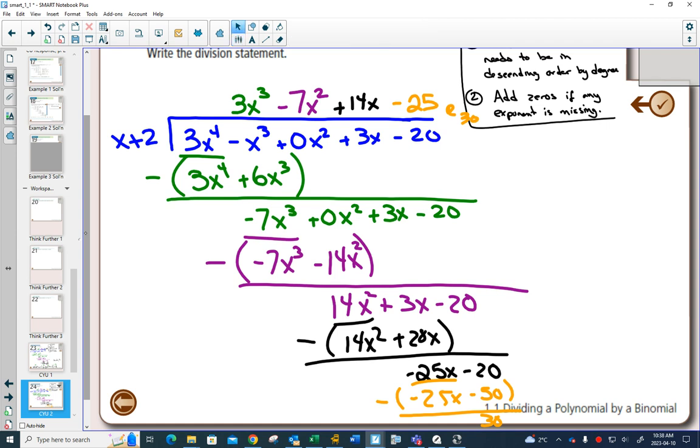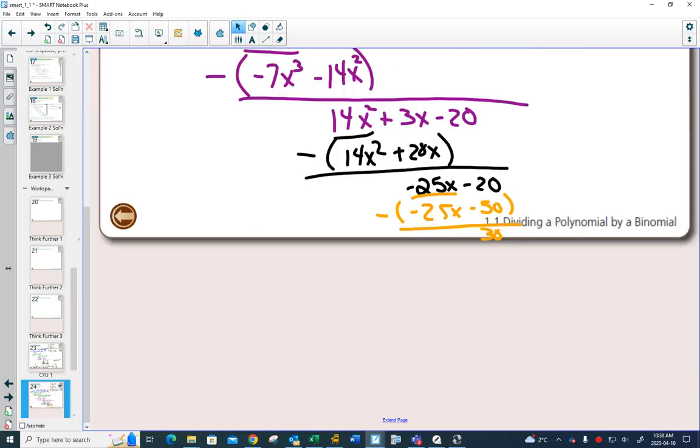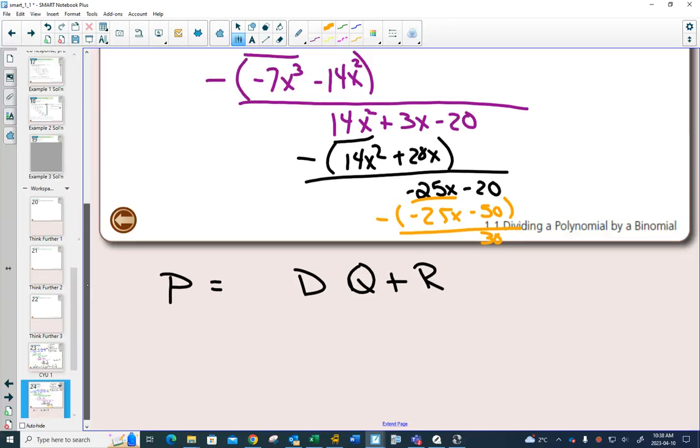This one says write the division statement. So your division statement, and one of the things that's going to make writing our division statement a little less tedious is to do the following.